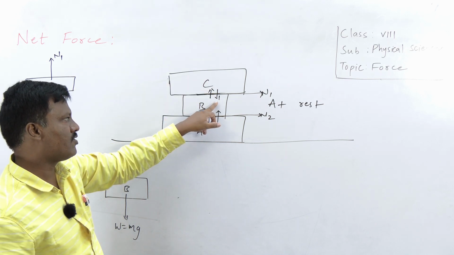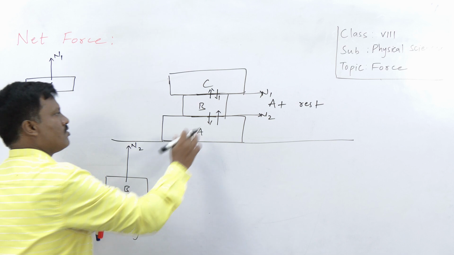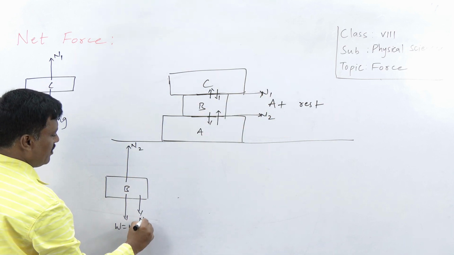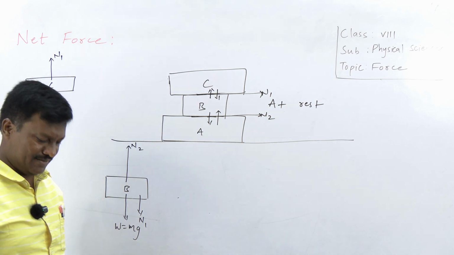That force is generated by N1. So in total, how many forces are acting on block B? Three forces are acting.